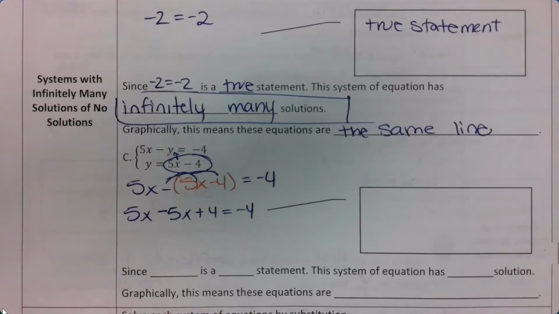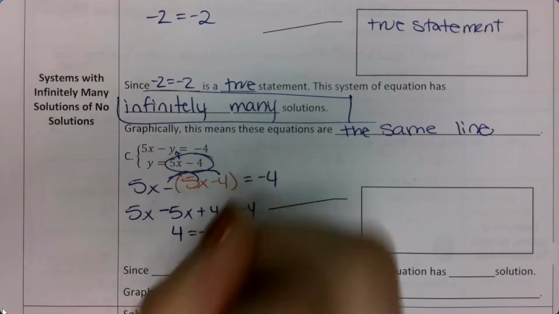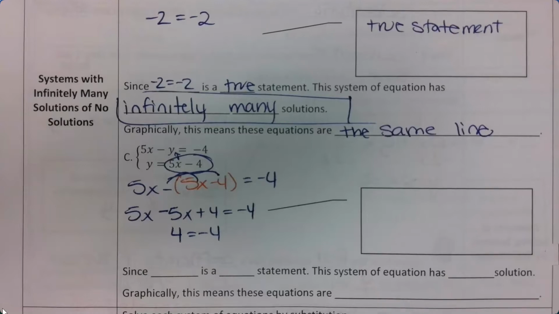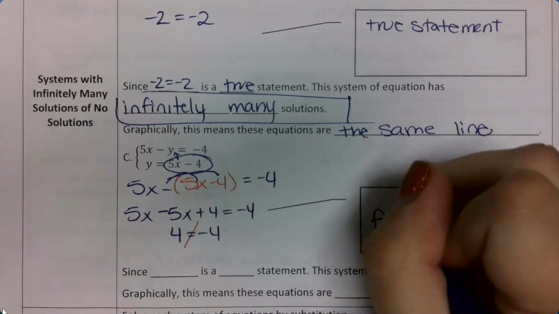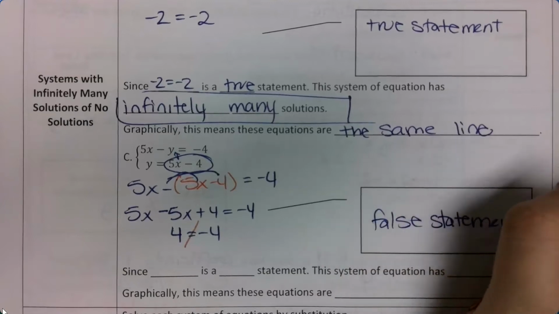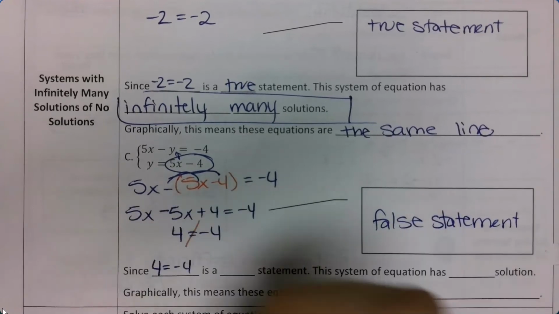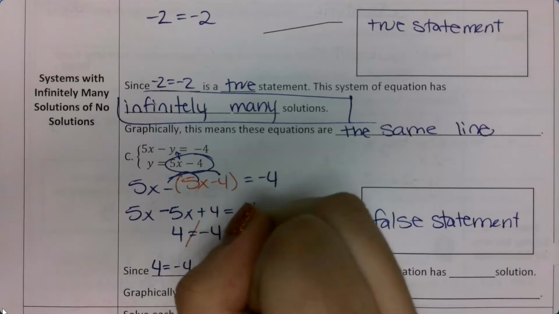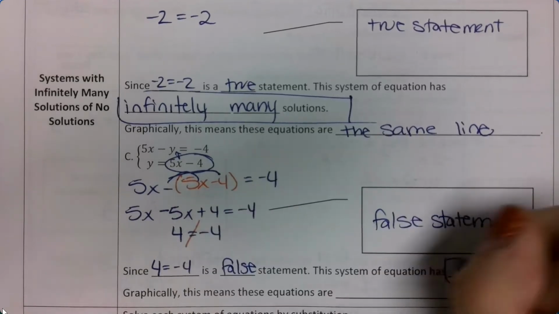Okay, 5x minus 5x, 0x, so I don't need to write it. I have 4 equals negative 4. Yeah, this is not true. This is a false statement. So since 4 equals negative 4 is a false statement, the system of equations has no solution.